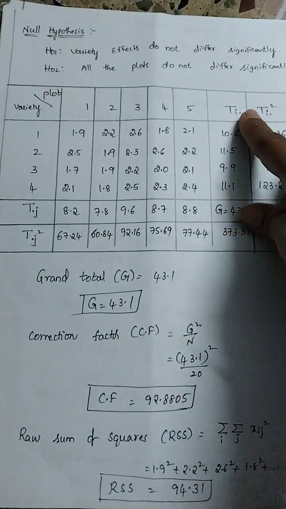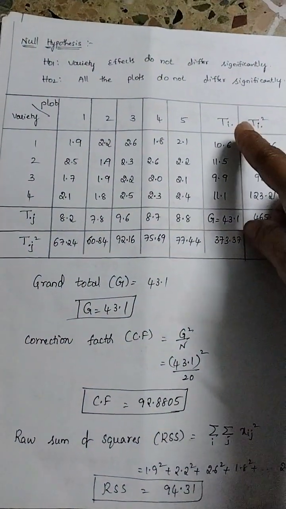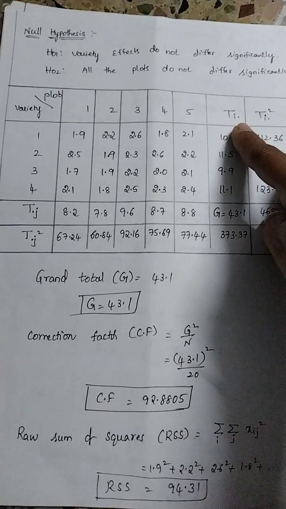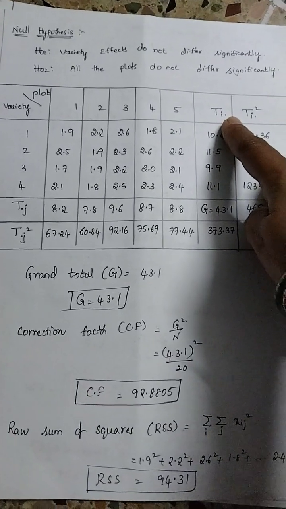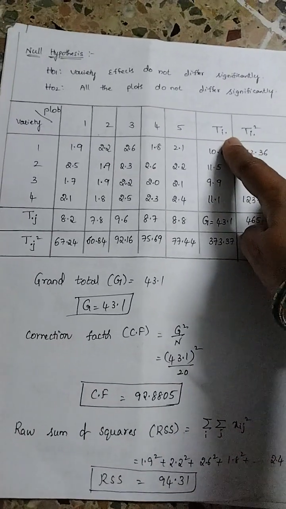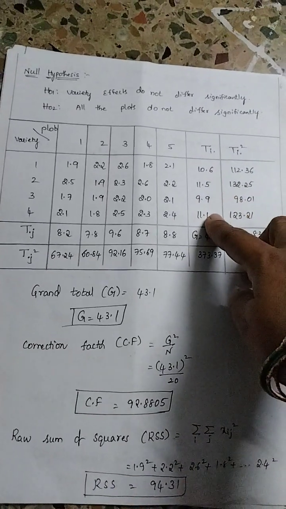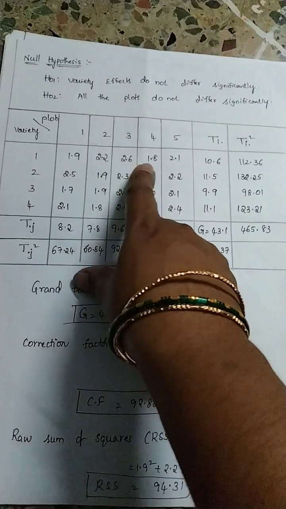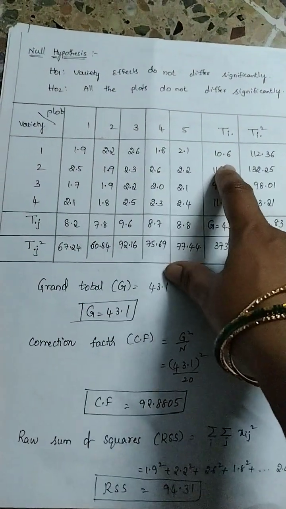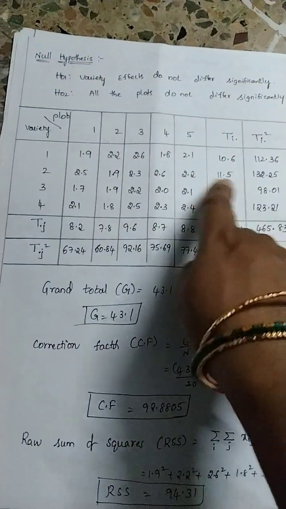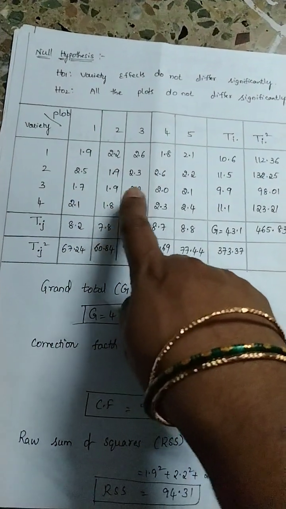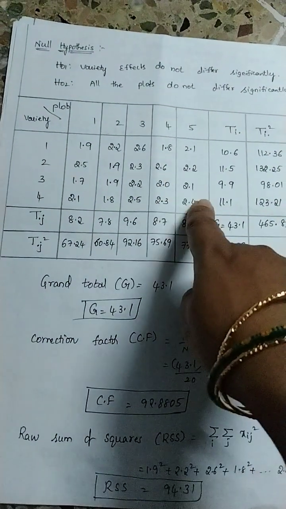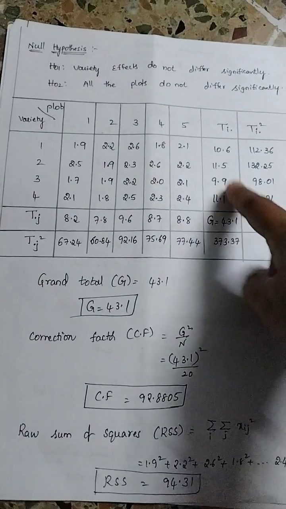We are going to find the totals for each. That is Ti dot, where the values of the varieties are changing. By adding all these, for example 1.7, 1.9, 2.2, 2.1, you get 9.9.